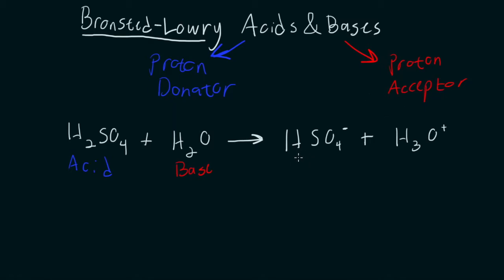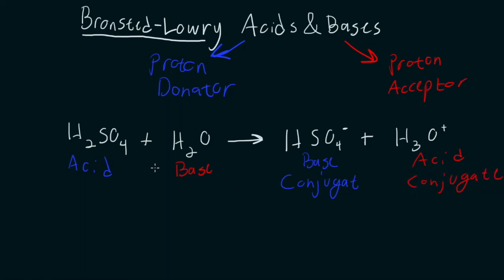So HSO4 would be a base. And H3O+ in that case would be an acid. And so in order to differentiate this base from this base, on the right side of the equation, we call this the conjugate. The conjugate base and the conjugate acid.